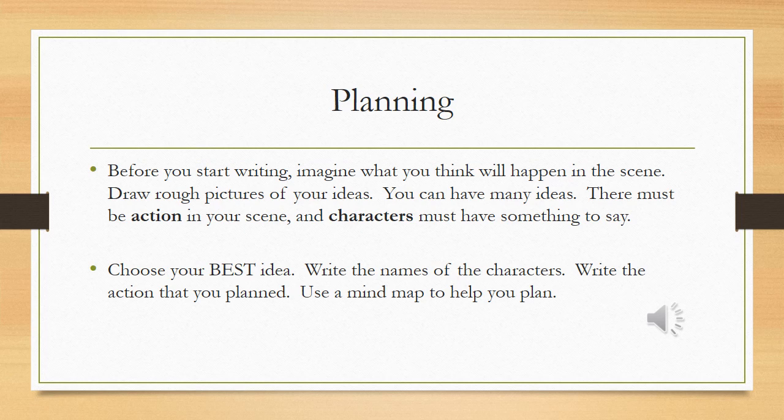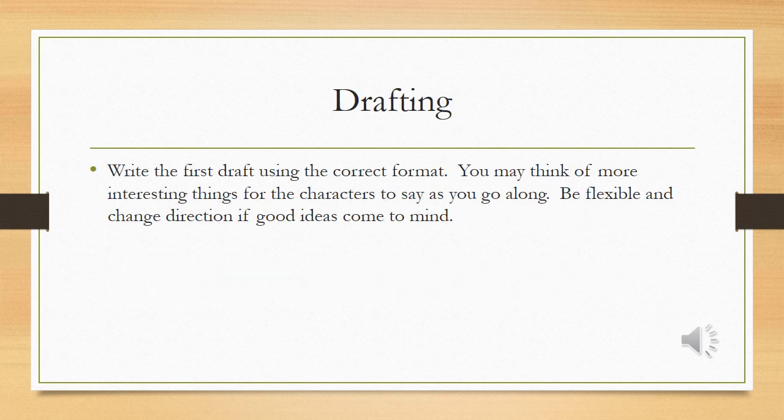Choose your best ideas. Write the names of the characters. Write the action that you have planned. Use a mind map to help you to organize all these ideas. Grade 8, you will need to put in more time and effort when completing the planning and the draft.